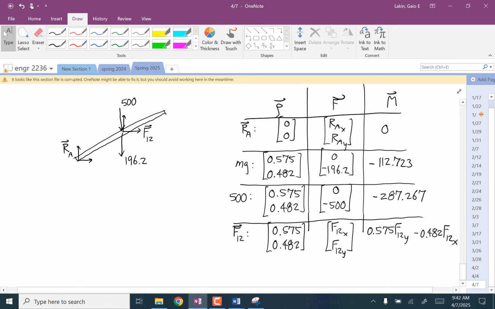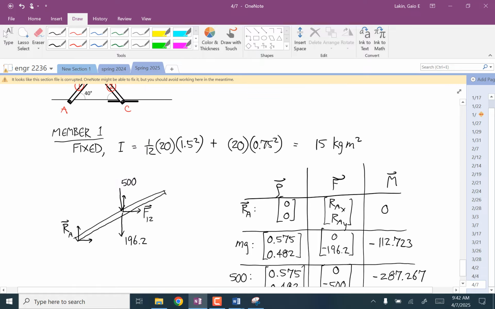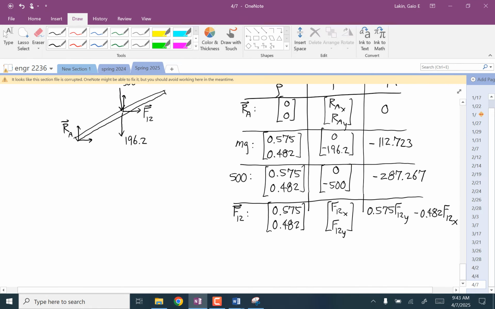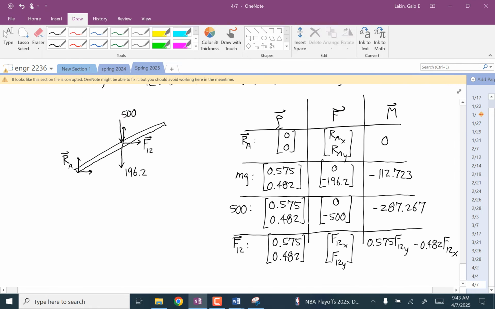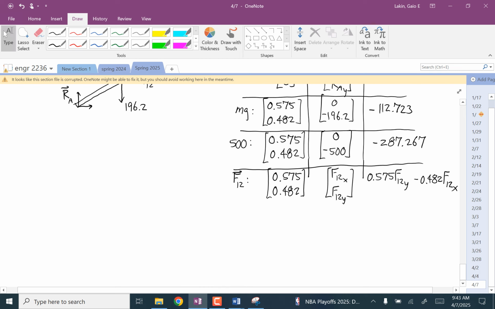Any questions about that table? Do we need Newton's second law for this one? No. So the moment equation says negative 112.723 minus 287.267.